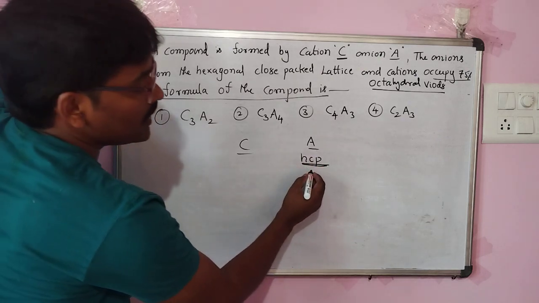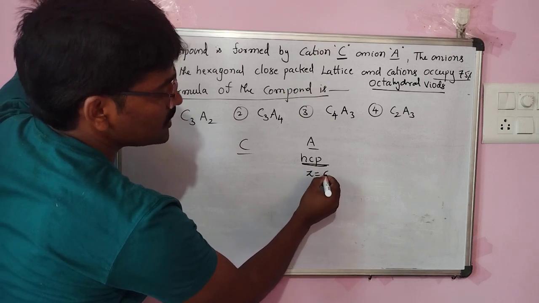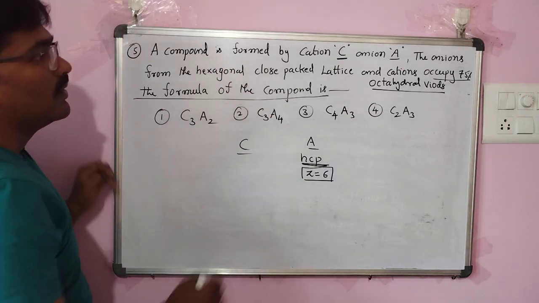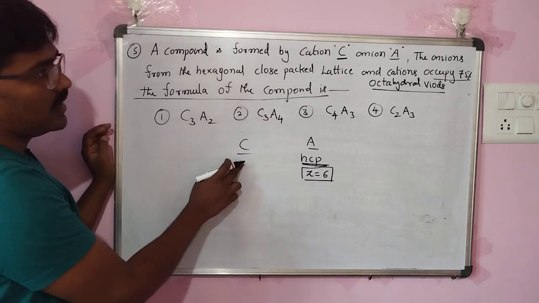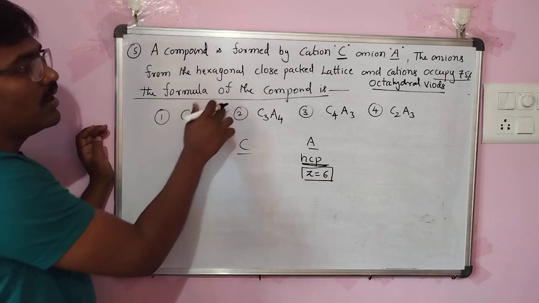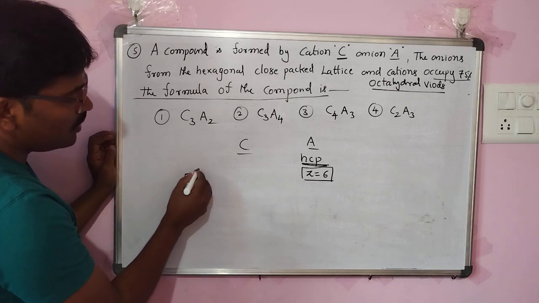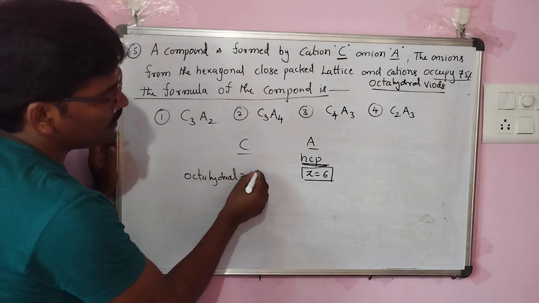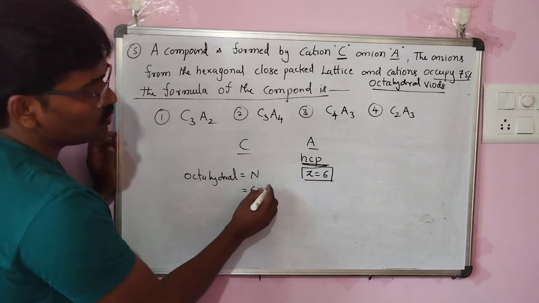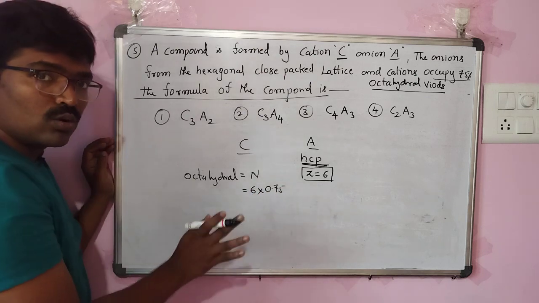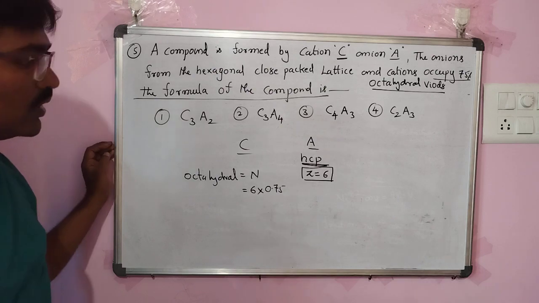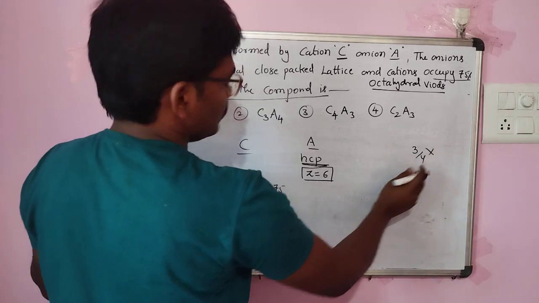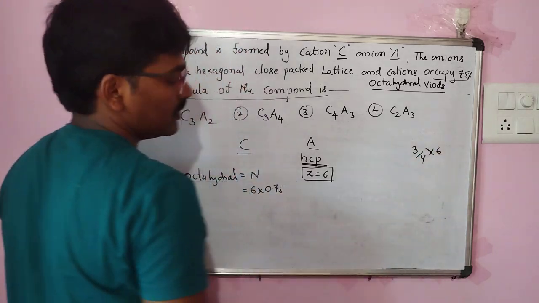For the HCP lattice, the number of atoms is, we know, 6. Then the cations occupy 75% of the octahedral voids. The number of octahedral voids equals n, which is 6. Only 75% is occupied, and 75% is 3 by 4.